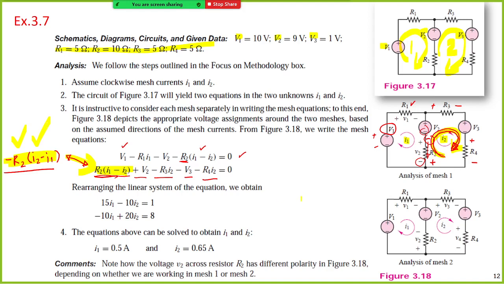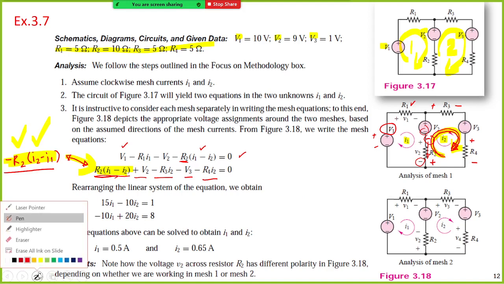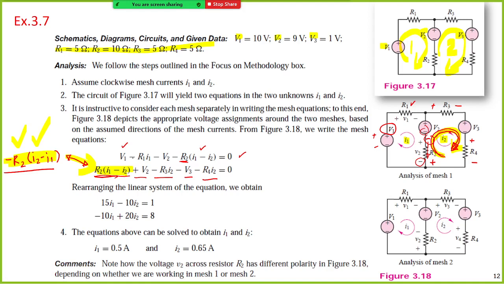Okay, and then next step, we just substitute the known values. We know V1 is 10, I1 is 5, for example. So we just substitute the known values. The unknowns will be only I1 and I2. Then these equations give us two equations and we solve for I1 and I2.